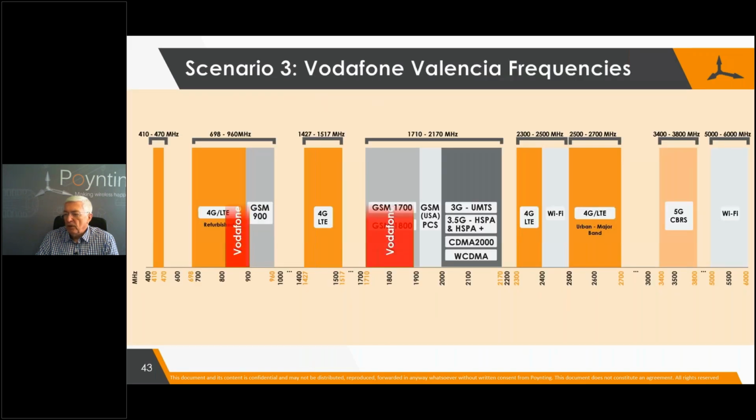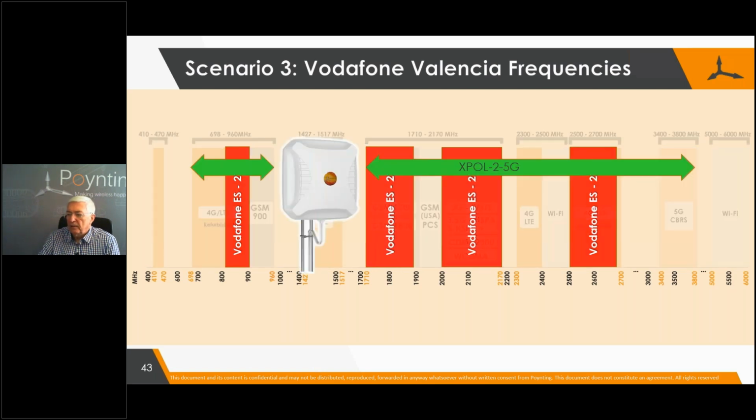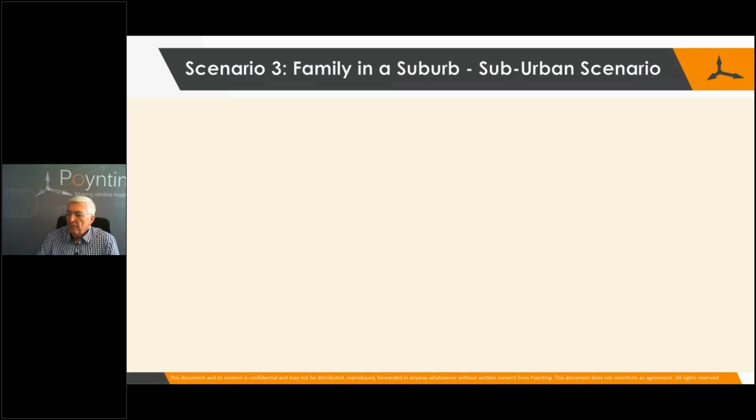And again, we do our frequency check. There are the frequency bands. We also picked up that Vodafone España uses those frequencies. And again, we do a plot and we see that our XPOL 2, which is now our directional antenna, covers all the bands that we need. It's extremely important to do that check.